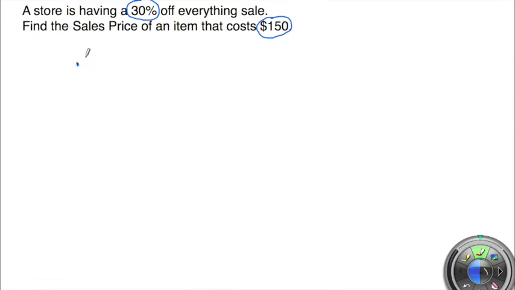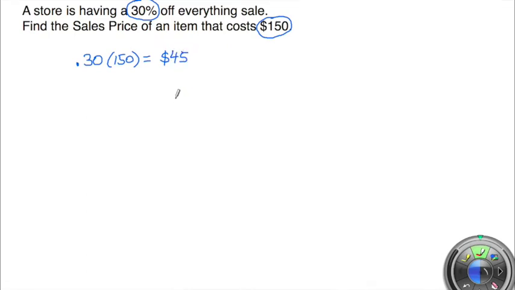So we're going to start off with the percent as a decimal, multiply by the $150, and this will equal, let's see here, 0.3 times 150, $45. So your savings is $45. And this is where they try to catch you because they're like, oh, you'll save $45, you'll buy the item.